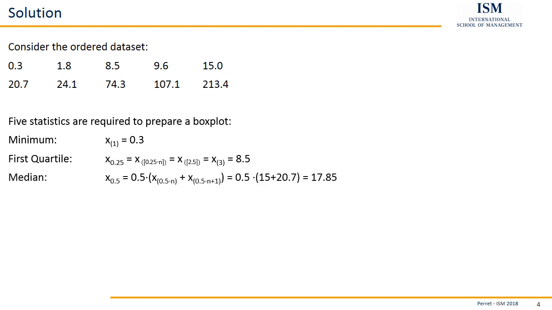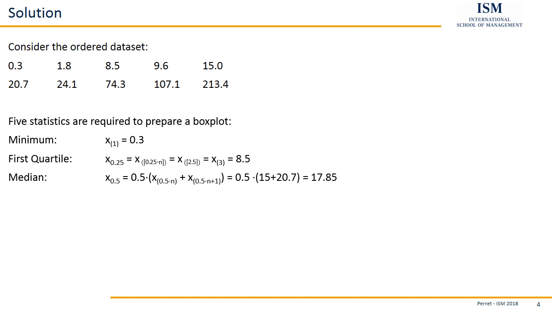And the next value then is the median. For the median, there are 2 different ways of calculating this, depending on whether we have an odd number or an even number of observations. Here, as mentioned before, we have 10 observations, so an even number, which means we need to find the 2 values in the middle of the ordered data set.